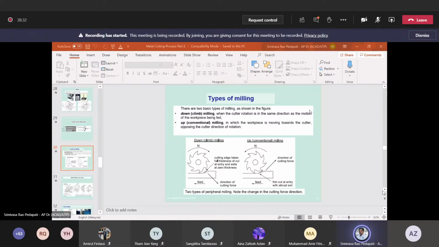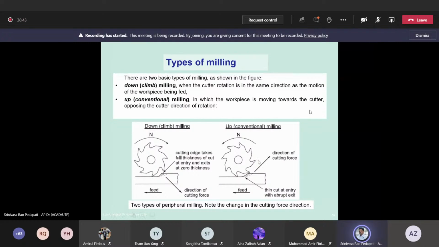But still, why do we use up milling in some cases and down milling in others? There is another disadvantage with up milling. In the case of up milling, the chips that are coming up accumulate here. Suppose all these red marks are chips.